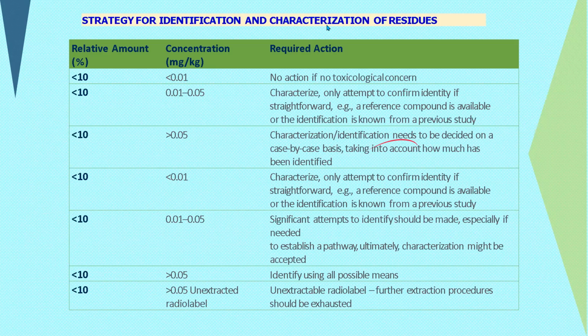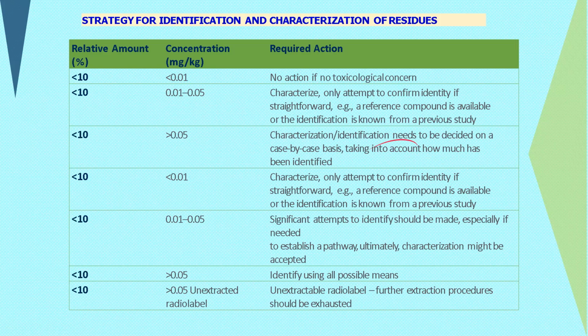Then there are a variety of strategies, especially for identification and characterization of the residues in all these tissues. Usually the relative amount should always be less than 10%. That's in the first column, whereas if the concentration of any of the chemicals is less than 0.01 milligram per kg of the meat, milk, etc., especially milk, then no action or no toxicological study is necessary.